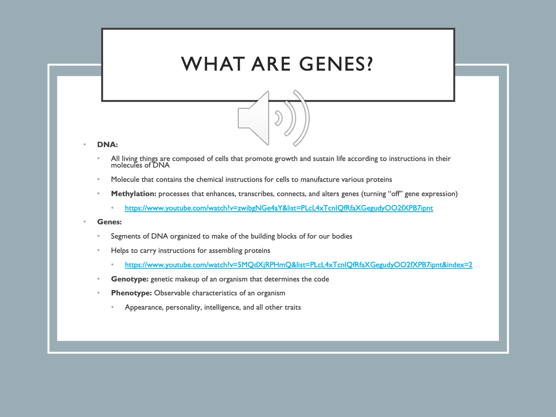Our DNA is a molecular structure that contains chemical instructions for cells to manufacture different kinds of proteins. Methylation is a process that helps us to transcribe, connect, and alter our genes.